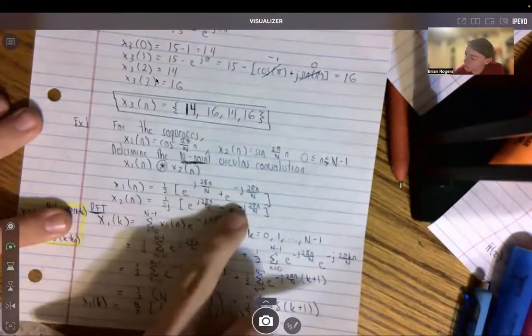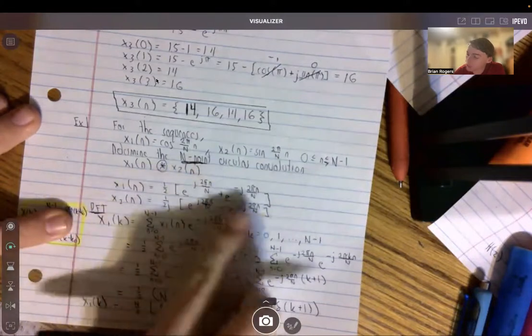And I'm going to split it up into two different summations, one for this term, one for the other term. And so I'm going to get my 1 over 2j.